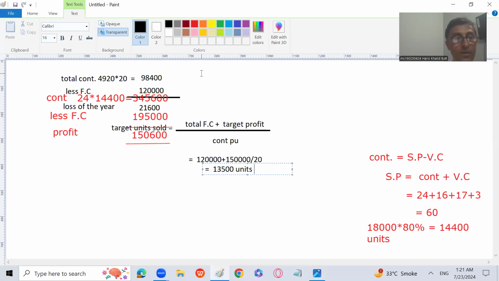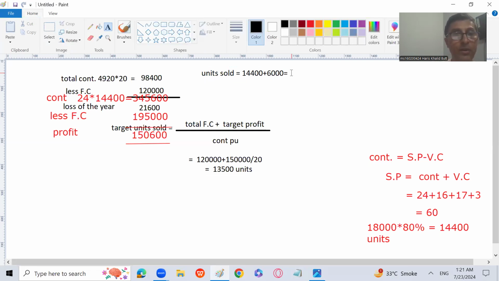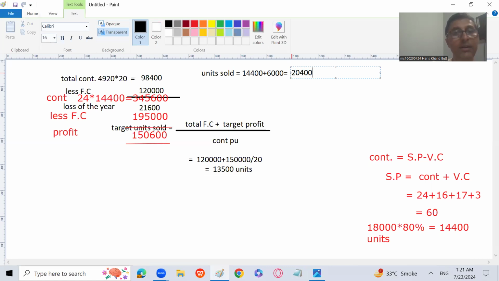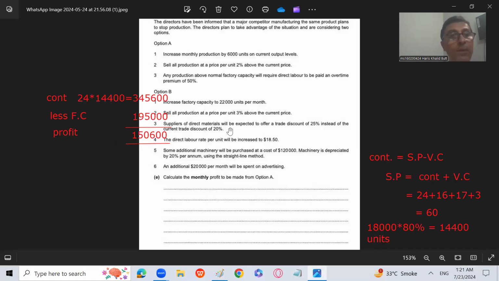So now the units sold are going to be 14,400 plus 6,000, and that is going to be 20,400. So 20,400 is going to be the units sold for this particular option A.